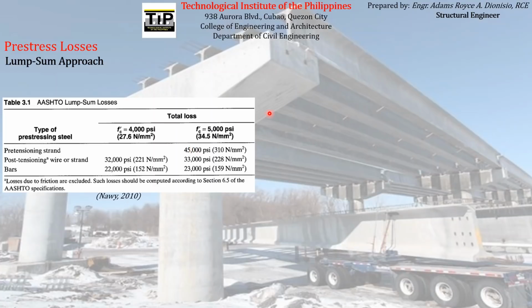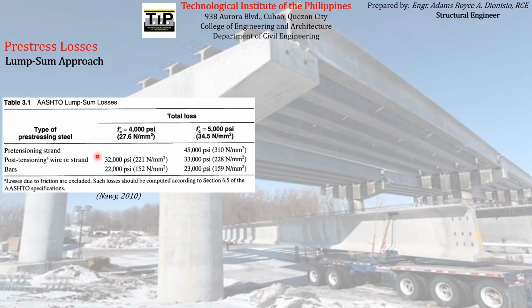So instead of itemizing the individual causes of prestress losses, the lump sum approach presents the total of those individual prestress losses.